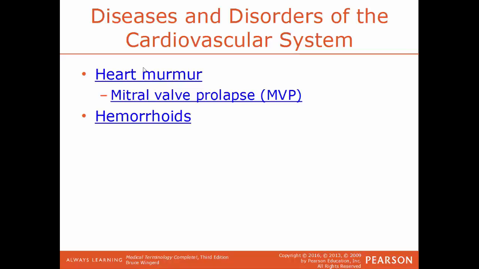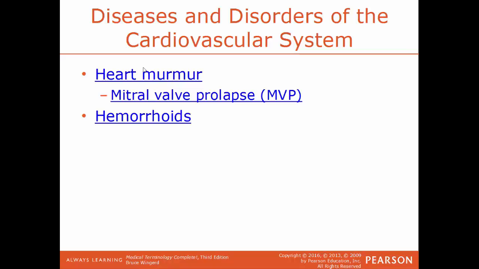It is prolapsing. So instead of both flaps in the mitral valve opening and closing at the same time like they normally should, one side is thicker than the other, so they can't open or close in a coordinated way. This unequal motion causes blood to go backwards. So instead of going from the left atrium to the left ventricle and then out through the aorta, it will start to build up in the left atrium and not go forward.